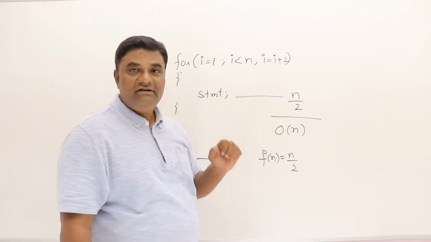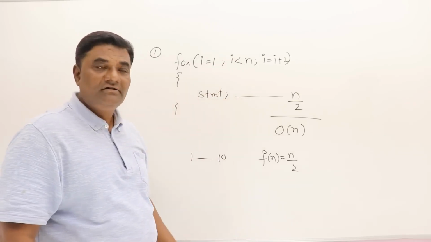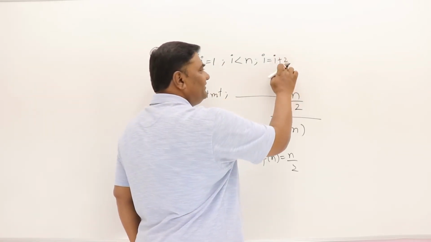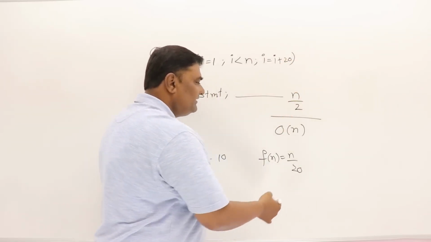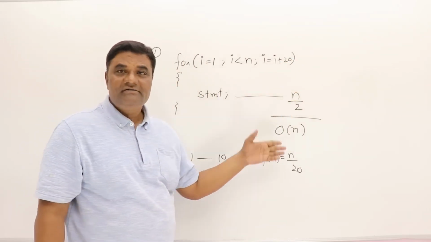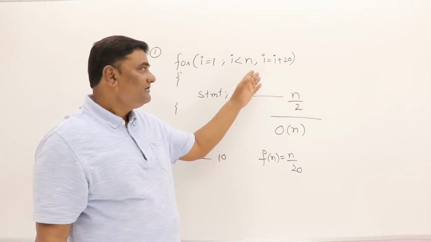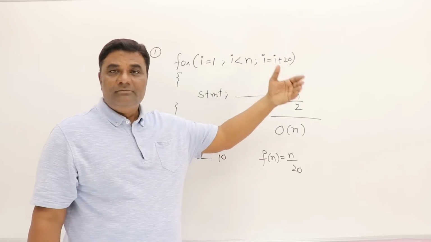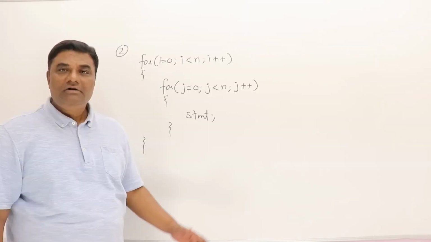So it's order of n again. Even if it is incrementing by 20, the degree of the polynomial is n, so this is also order of n. So n by anything, whatever the number of times it is incrementing, the order will be the same.